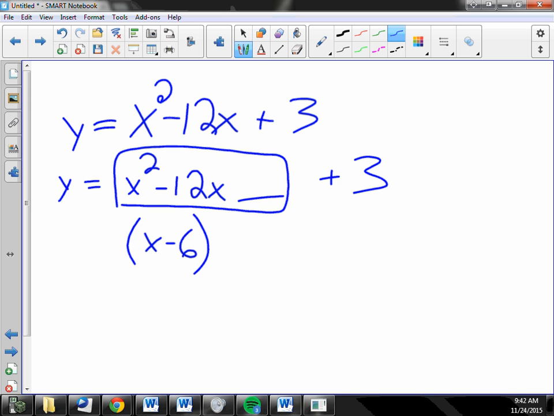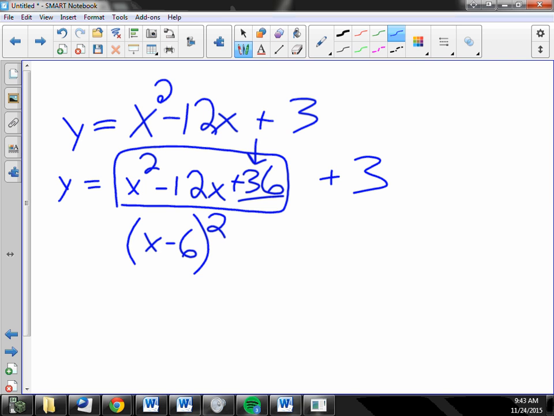Well, if this is x minus 6 squared, what number goes there? Positive 36. But if I add 36 to one side of the equation, I have to subtract it off on that same side of the equation in order for it to remain balanced. Do you get that, Aubrey?